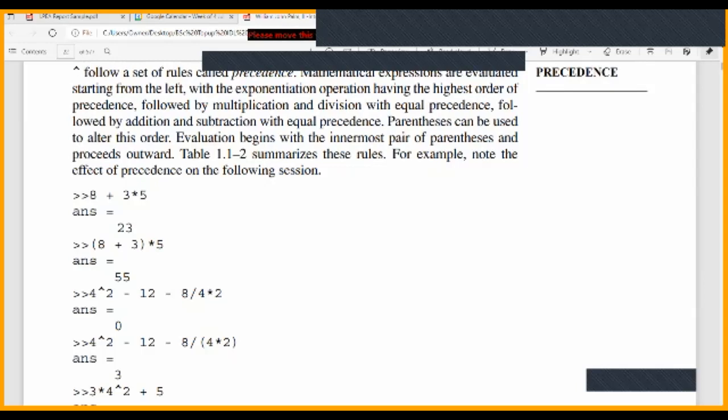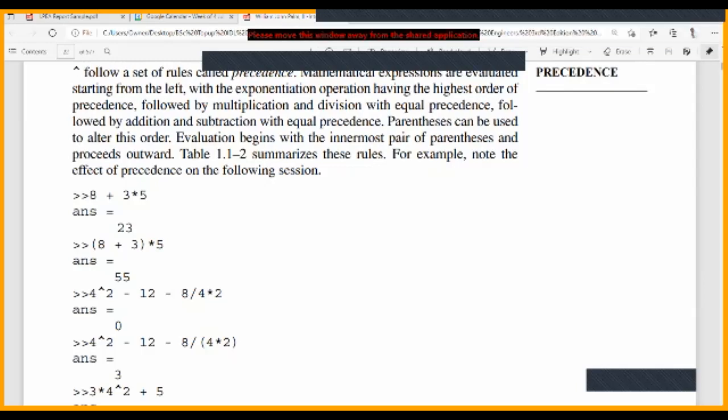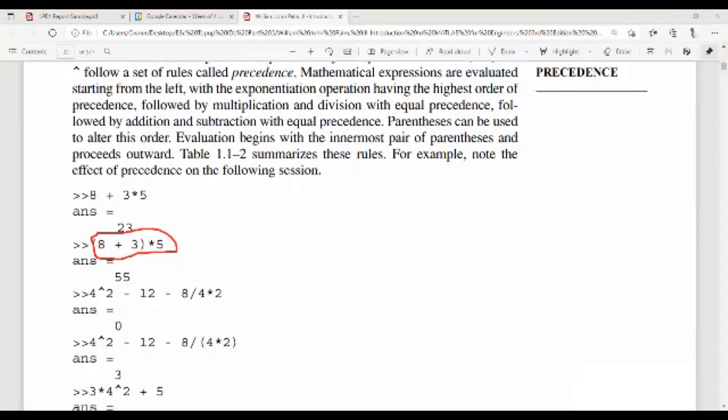If you bring parenthesis on this command window here, 8 plus 3 in brackets times 5. Can you see where I've marked it? You can see. Can you see where I've marked the red mark? Are you okay with that part?